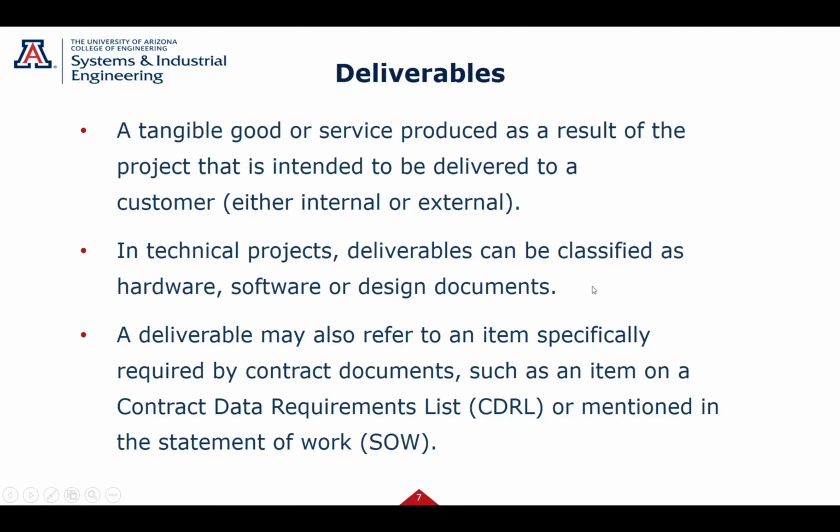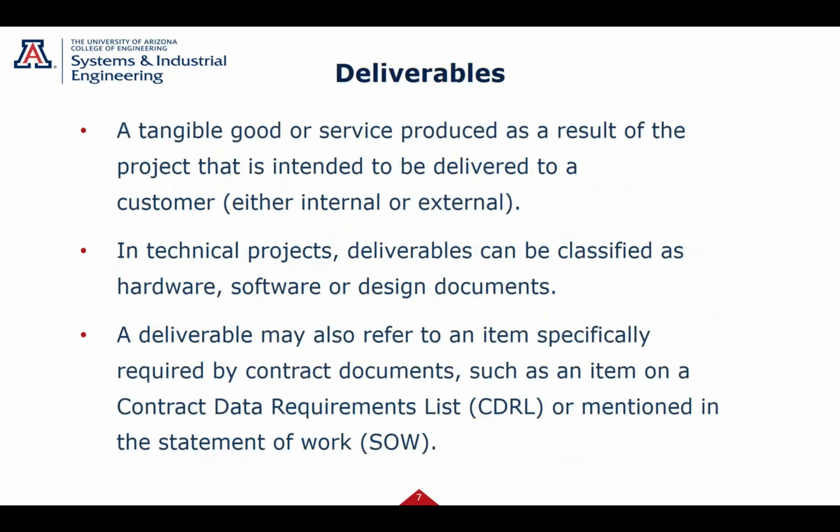But many contracts will have very specific things, and they'll usually call them something like this: Contract Data Requirements List, CDRL. What is the specific contracts? What data are they specifically required, or that's mentioned in the statement of work? Okay. And I'm going to talk statement of work versus scope coming up, because that can be a little misleading, again, depending on where you're at.